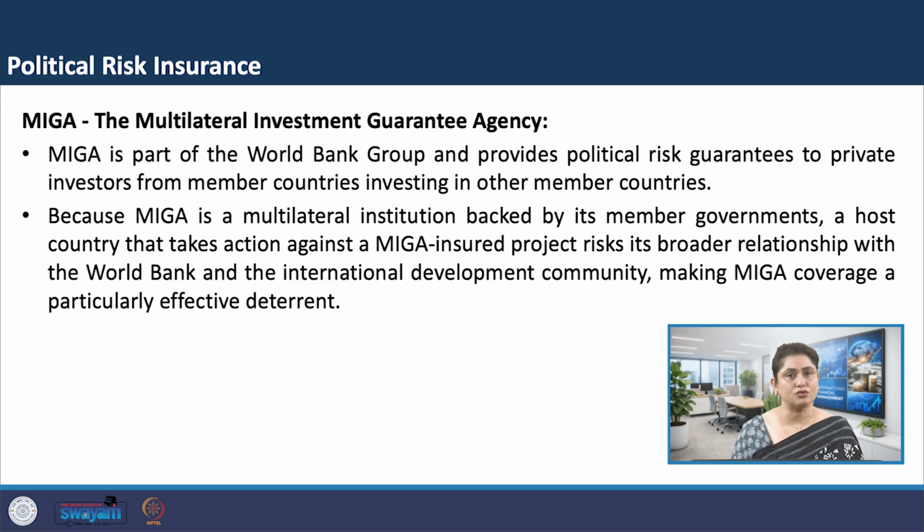Among all the sources of political risk insurance, MIGA, the Multilateral Investment Guarantee Agency, occupies a unique and particularly important position. MIGA is part of the World Bank Group, which means it is backed by the collective weight of its member governments, that is, virtually every country in the world.